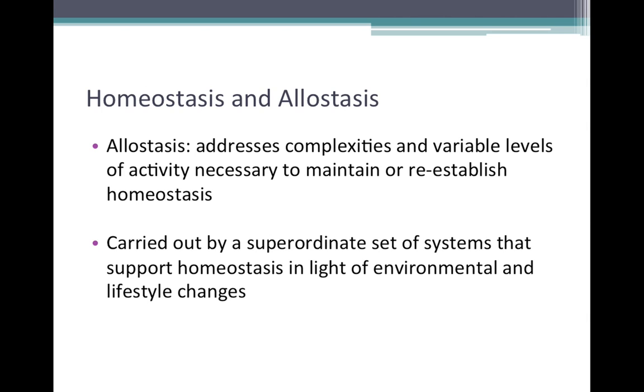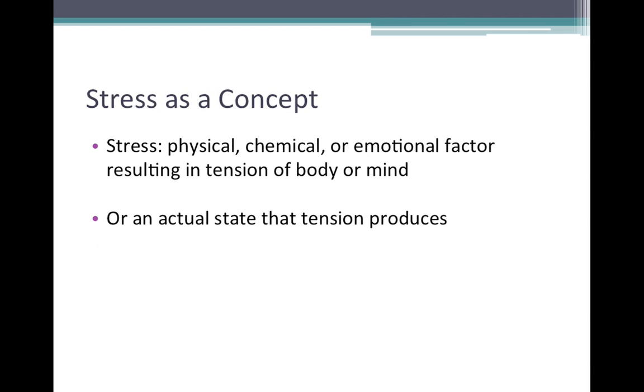So, for instance, most of these superordinate systems involve places like the hypothalamus in your brain or the brainstem, and these are going to help monitor and maintain homeostasis through a series of feedback loops, whether they're positive or negative feedback loops.